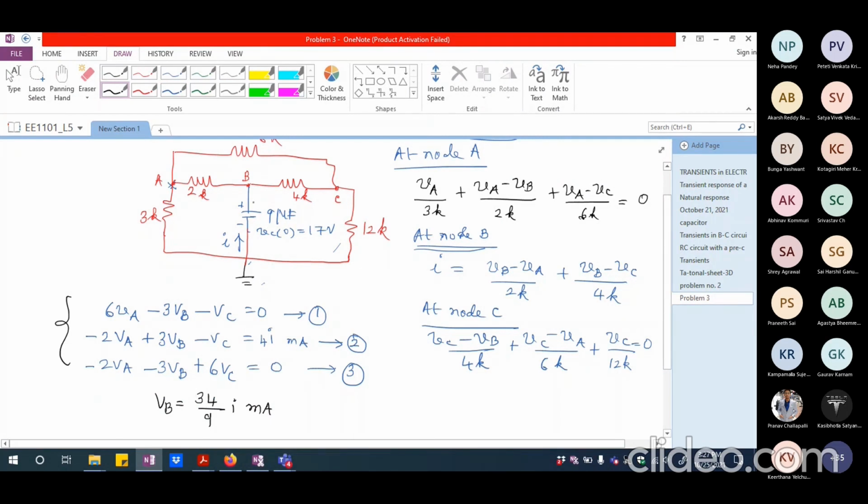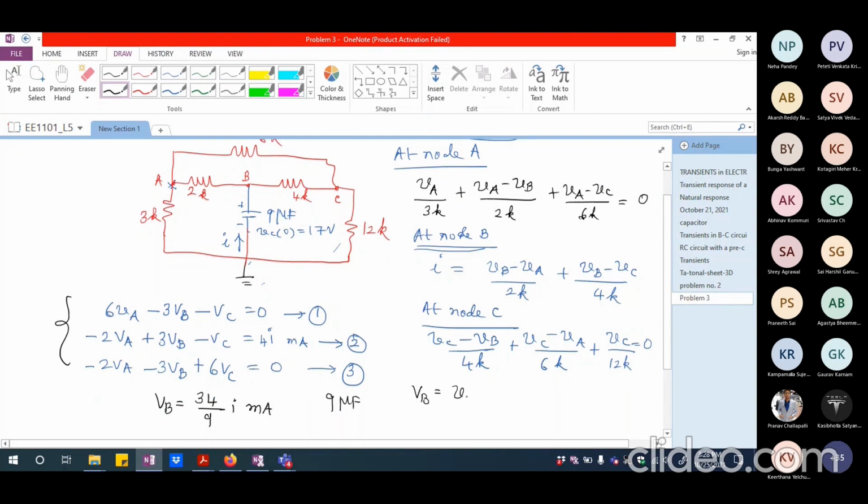So if we are looking at this, the current that is flowing here, I, that is supposed to be equal to 34 by 9 times I milliampere. This particular capacitance is 9 microfarad, and it is having a voltage which corresponds to VB.